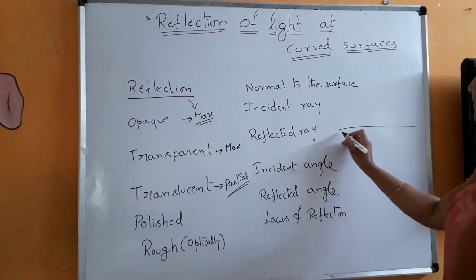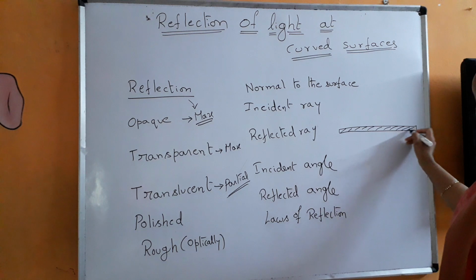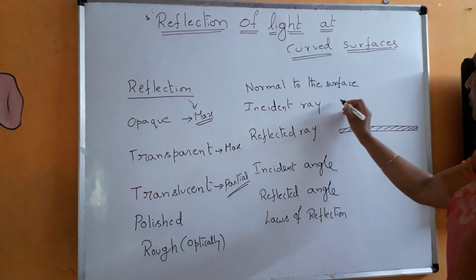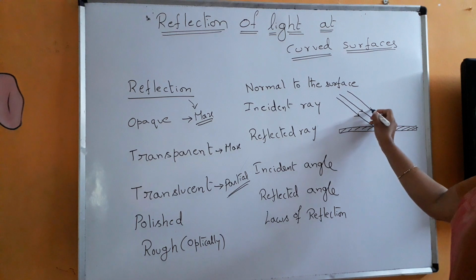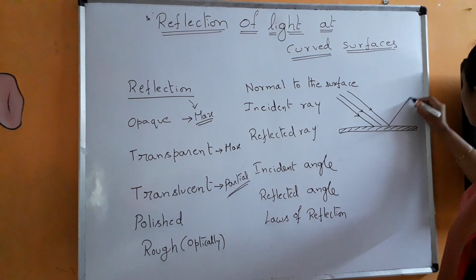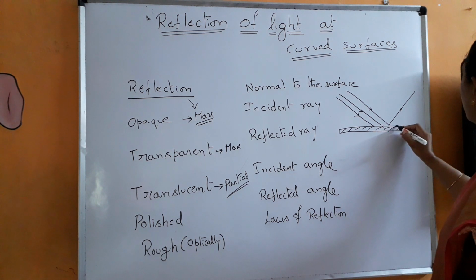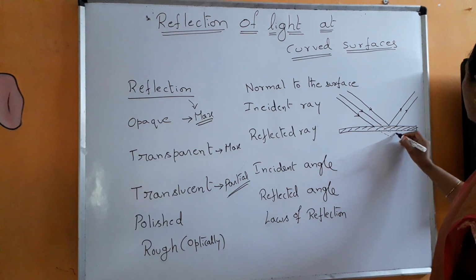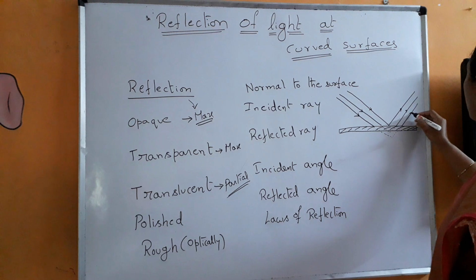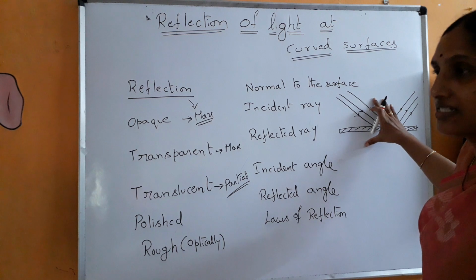See, if I take a mirror, this is polished, very smooth, as well as it is silvered from back, and if I take 2 or 3 rays falling on it, in a similar manner, they will get reflected back. So this is called polished surface.